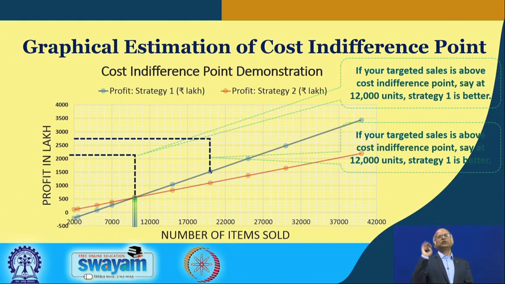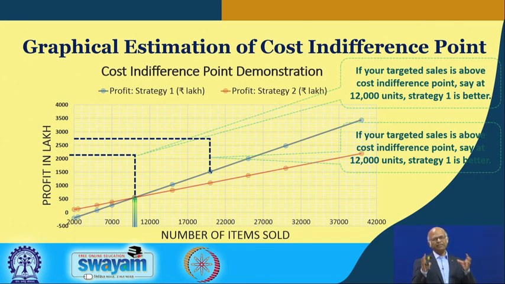So, you can see that the slope of the profit of the automatic business with automatic machinery is much higher compared to the slope of the line with a low fixed cost and high variable cost construct. But then they meet at one point.